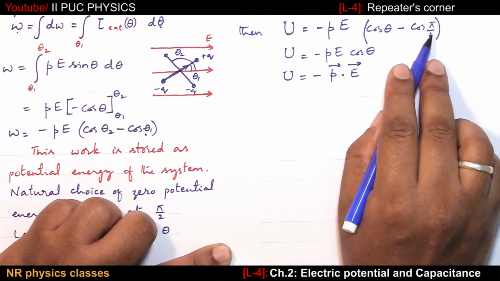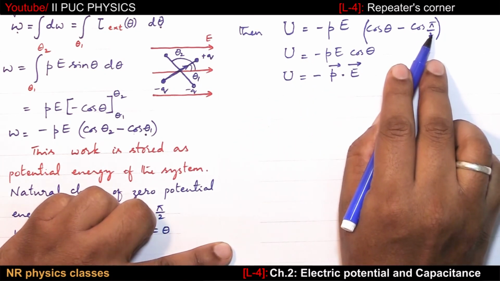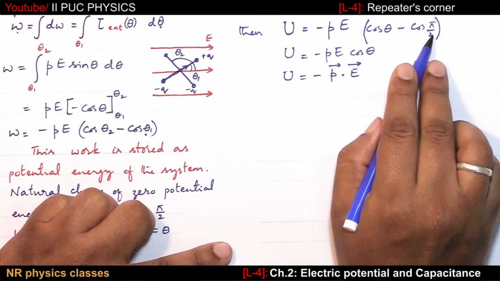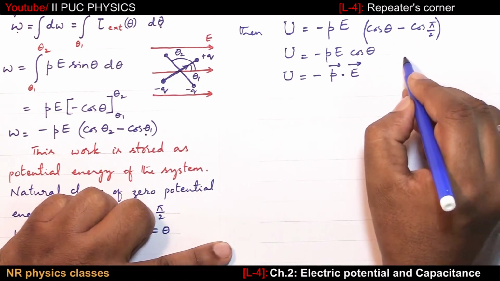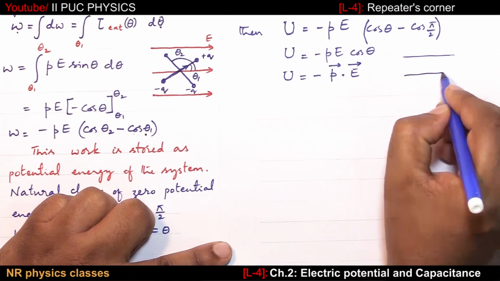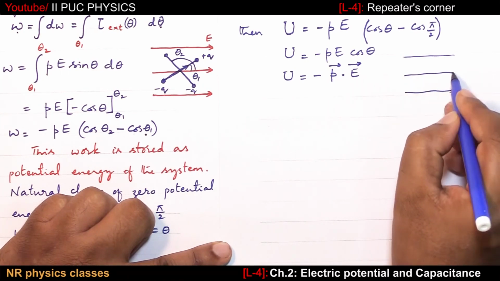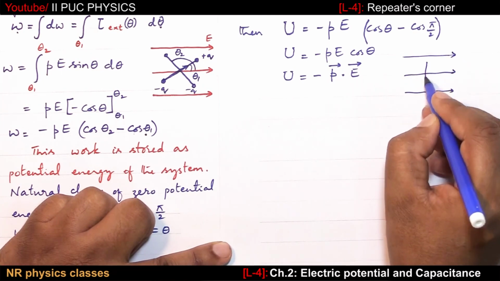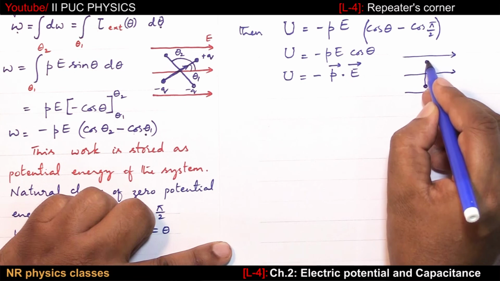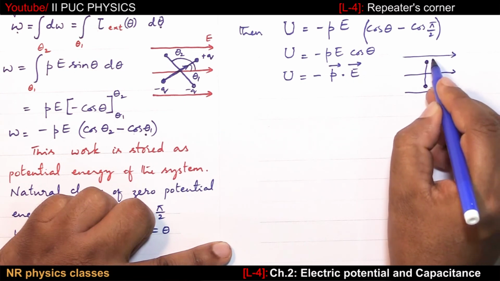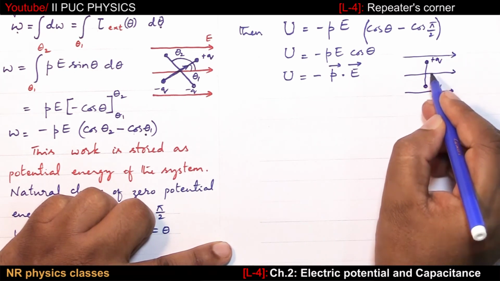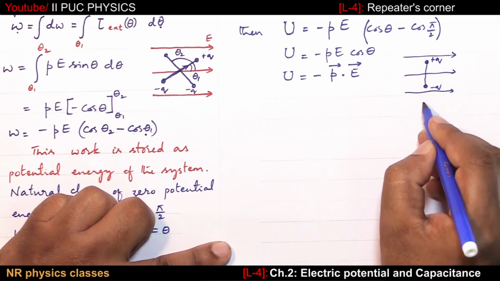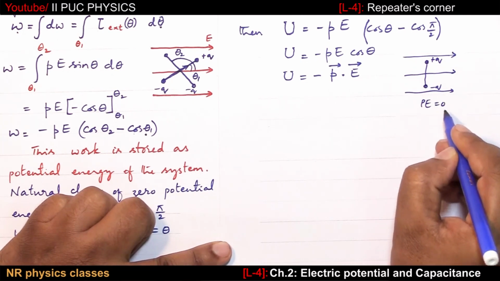And what is the meaning of theta 1 equal to pi by 2, 0 potential energy, and theta 2 equal to theta? If this is external electric field, this is the position of the dipole, okay, minus q to plus q. So at this position of the dipole, potential energy is taken as 0.